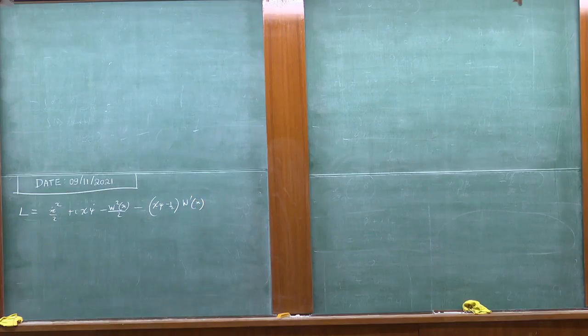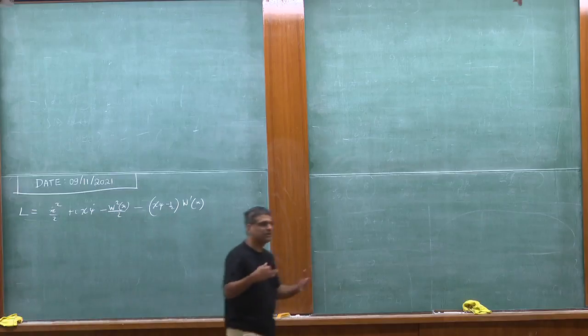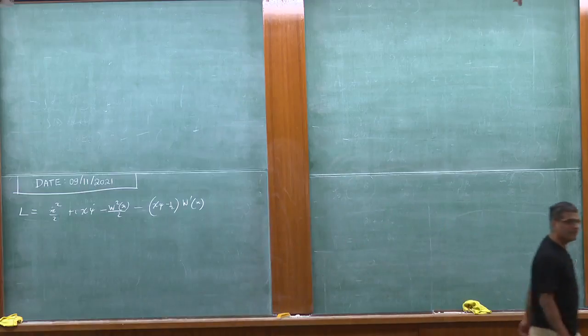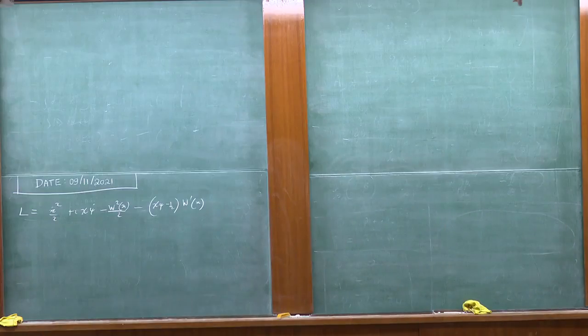We found this action, if you remember, by taking this 2 cross 2 system and writing down a path integral for it. Now, there is something a little funny in what we did.